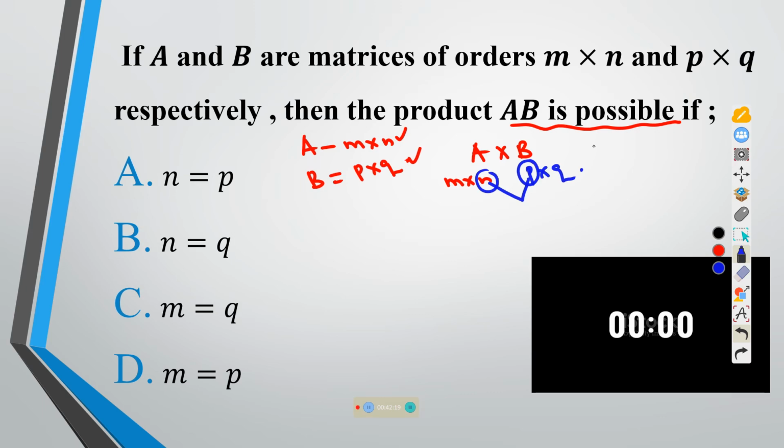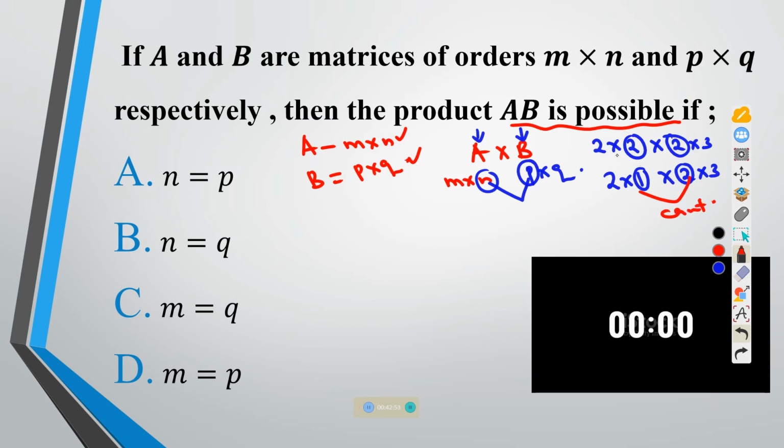For matrix multiplication to take place, the number of columns in this matrix must be equal to the number of rows in this matrix. In other words, you can multiply a 2 by 2 matrix with a 2 by 3 matrix, so long as this and this are the same. But you cannot multiply a 2 by 1 matrix with a 2 by 3 matrix. When this and this are not the same, the two matrices cannot be multiplied together.